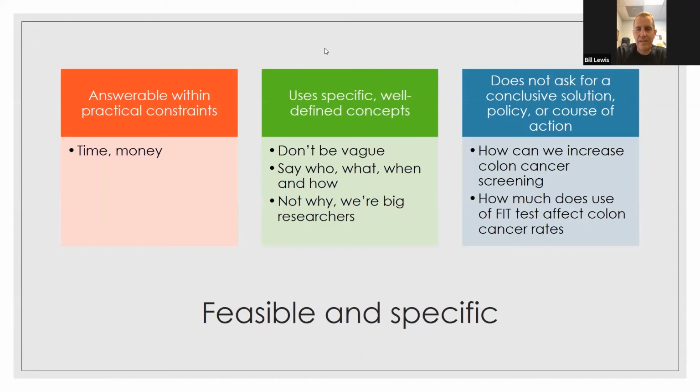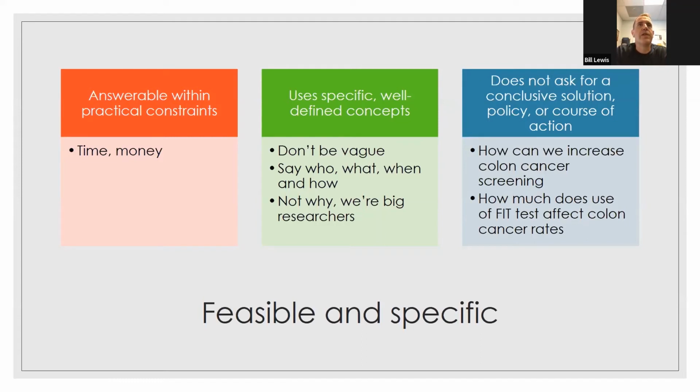We want thousands of people with depression to participate in our study. We need the money to reimburse them for their time. And those are just constraints within your research project. So when you're asking a question, come back to the practical: what can you actually accomplish? If you don't have time to do the study and collect everything, just be honest and rethink your question to bring it back into one that you can do.